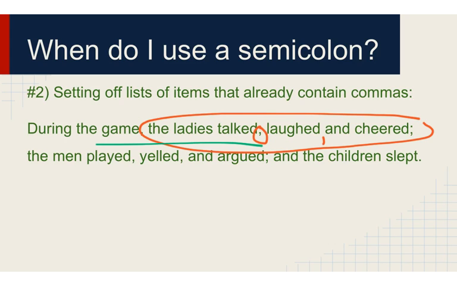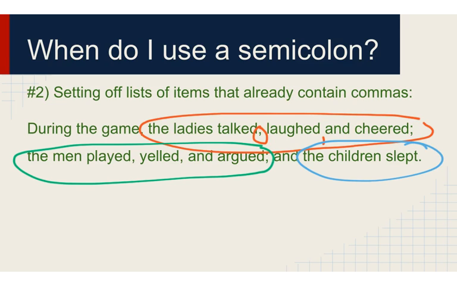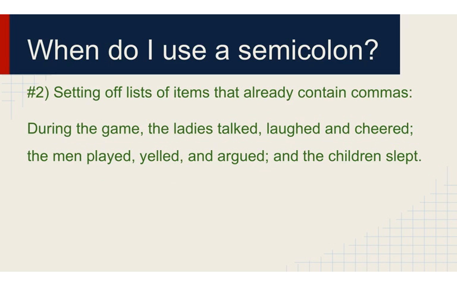Item 2 also has commas. And item 3 is the third part. Okay, but here's the thing. Because there are commas within our items, we're going to separate them with semicolons instead of regular commas.